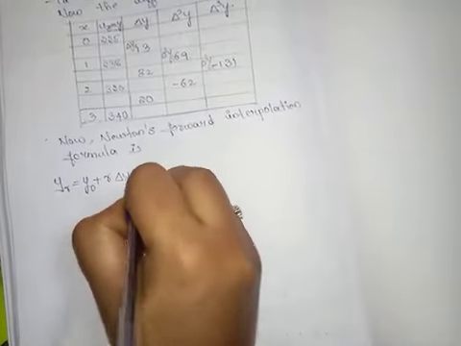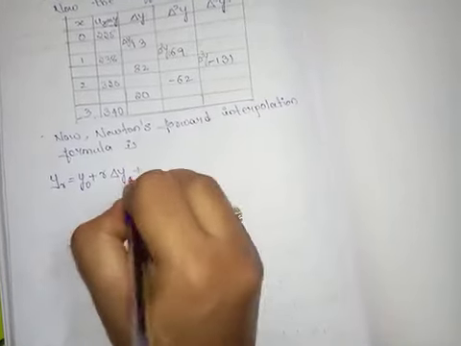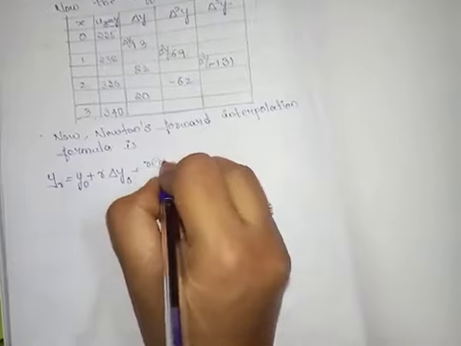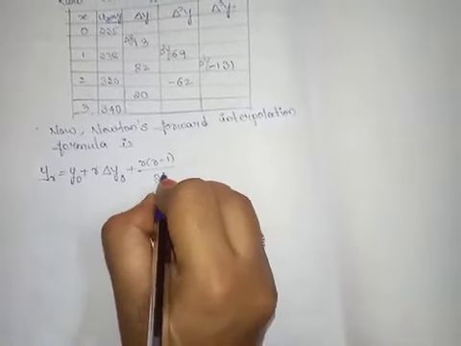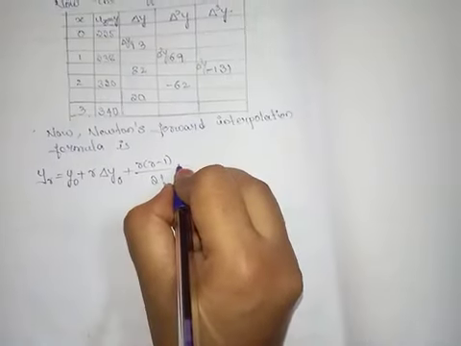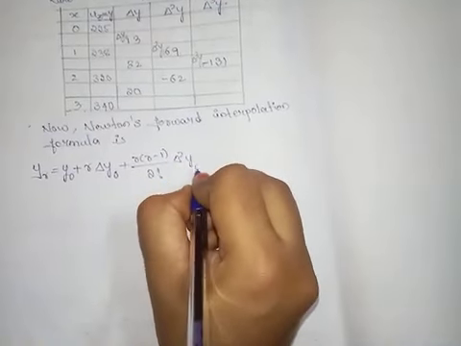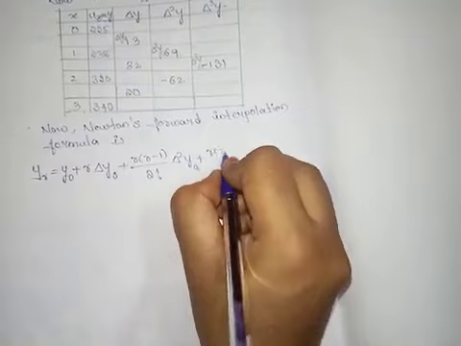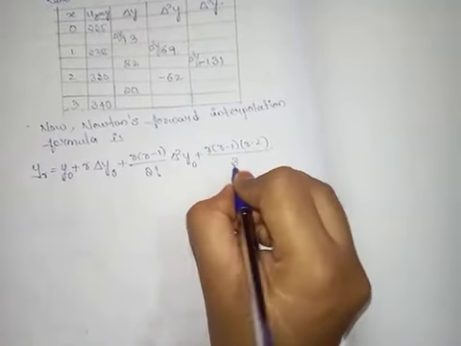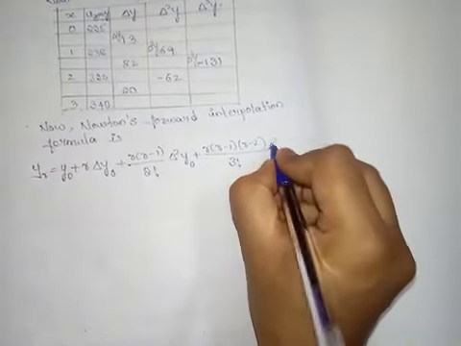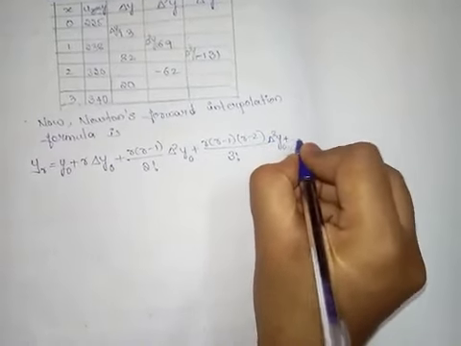in your required formula. r into delta y naught, plus r into r minus 1 divided by 2 factorial into delta square y naught, plus r into r minus 1 into r minus 2 divided by 3 factorial into delta cube y naught, plus and so on.